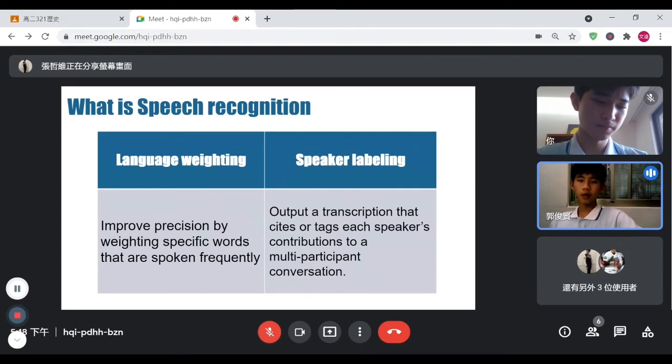Next is speaker labeling: output a transcription that cites or tags each speaker's contributions to a multi-participant conversation. For example, in a multiple-participant meeting, the system can recognize who is currently speaking.